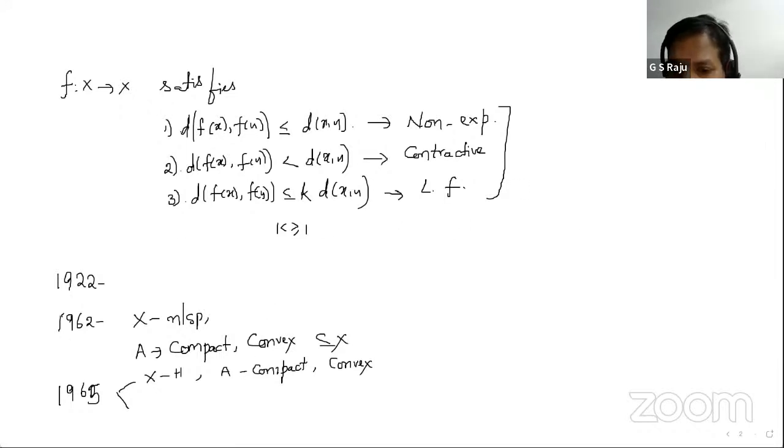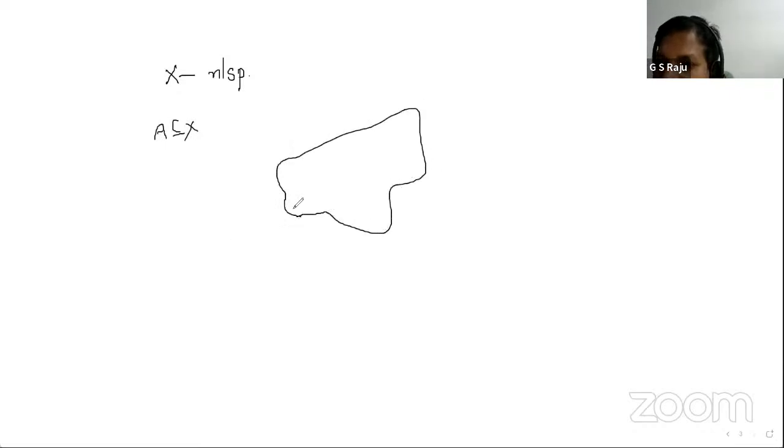The geometric connection between fixed points and non-expansive mappings was given in 1965 by Kirk, by introducing a geometrical notion. The notion is the following. For the time being, we fix X as a normed linear space and A some subset of X. Suppose this is A. Look at any point x and look at the diameter, the largest distance from this point to the boundary.